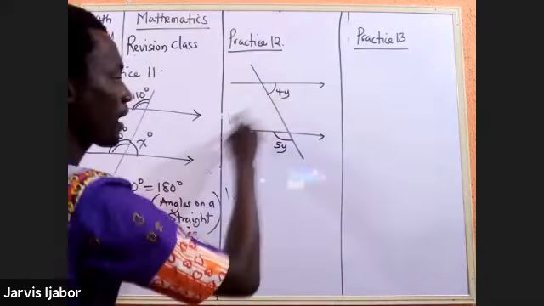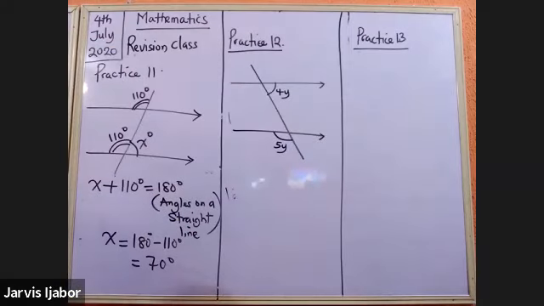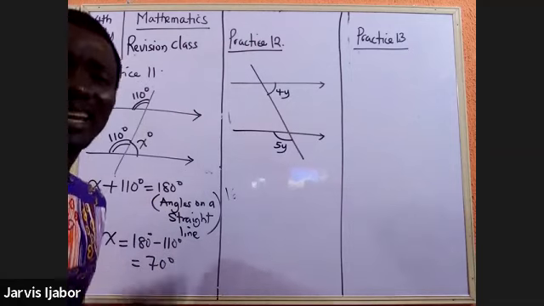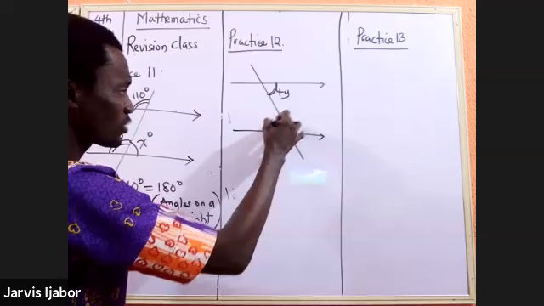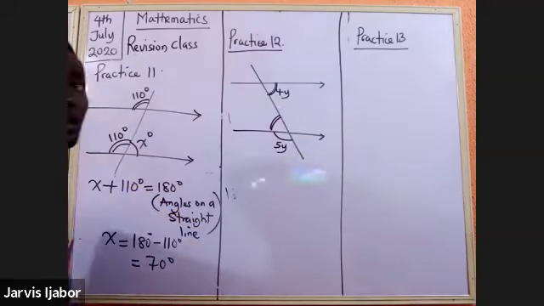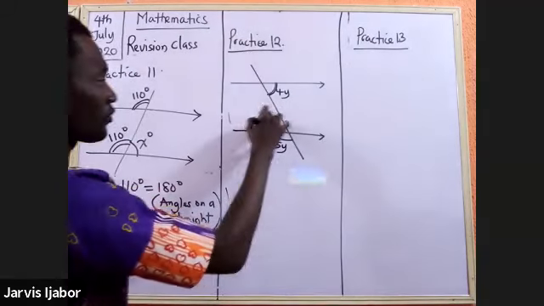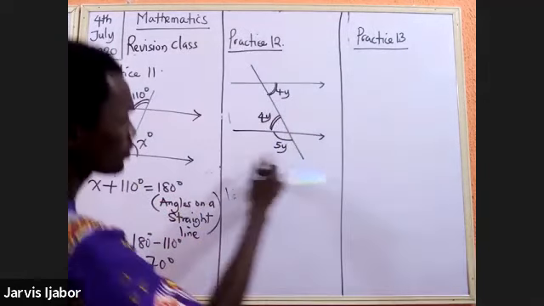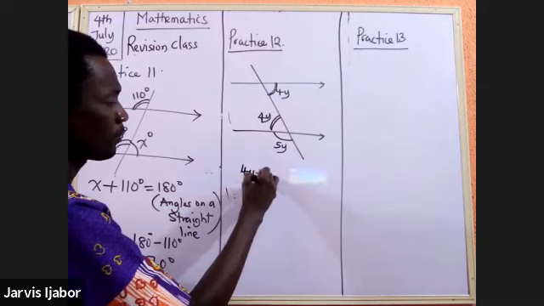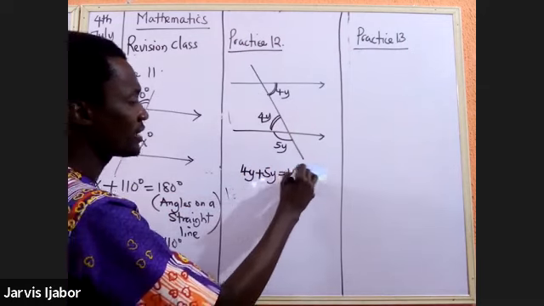This line is parallel to this line. We have treated corresponding angles. Now, what are alternate angles? If you look at it, this angle will alternate with this. So this will be 4y also. So this will now be on a straight line. So 4y plus 5y will be equal to 180 degrees.